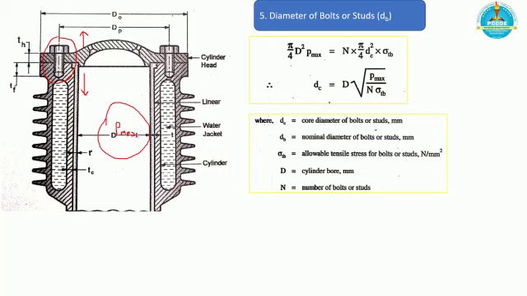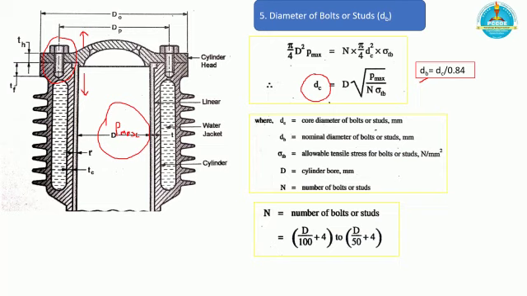So we will calculate the value of dc, and once you obtain the value of dc, you can calculate the bore diameter db, which is dc upon 0.84.